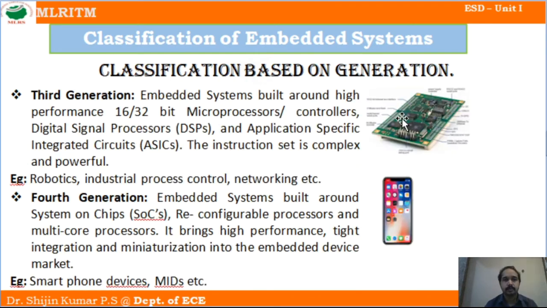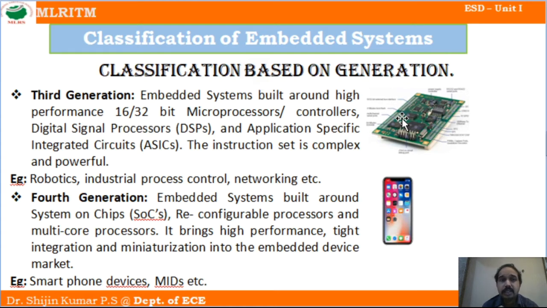In third generation, the embedded system is built around high performance 16-bit microprocessors or 32-bit microprocessors or microcontrollers. In addition to these, they used digital signal processors also. So what is a digital signal processor?